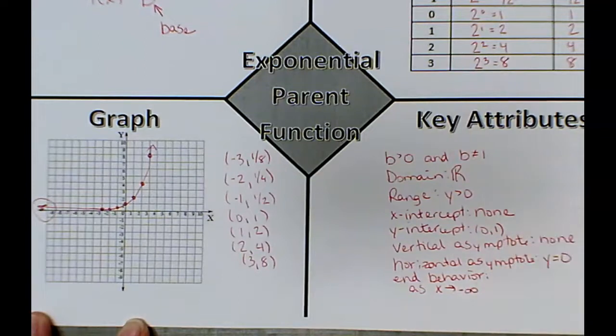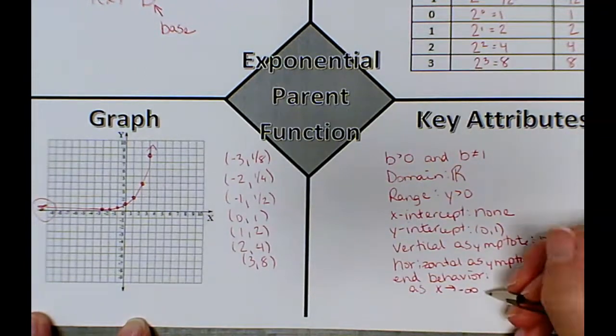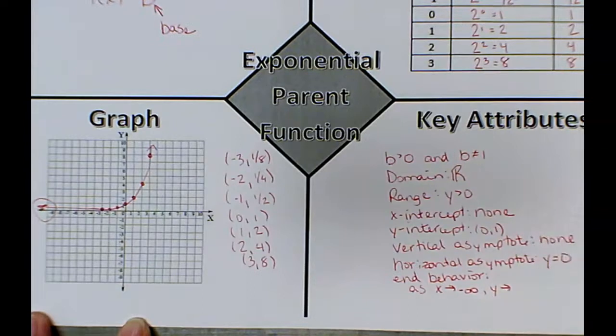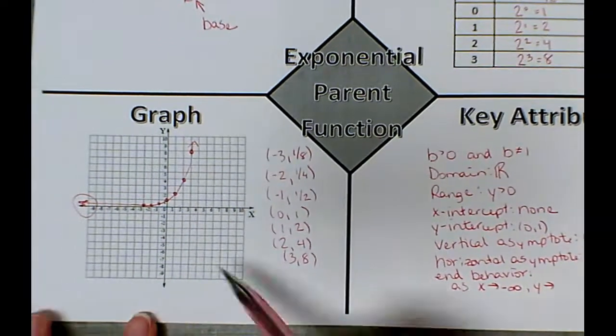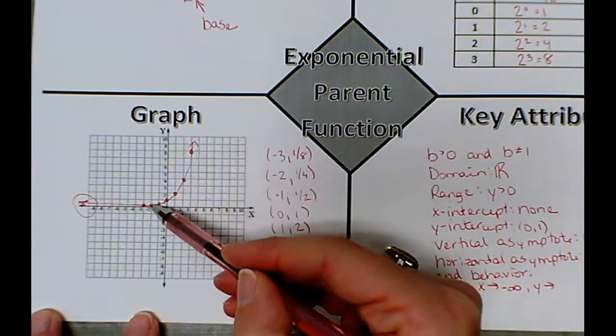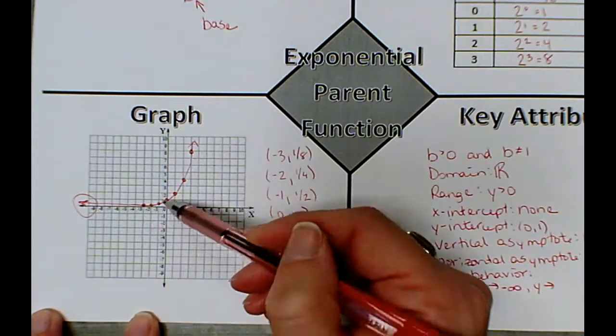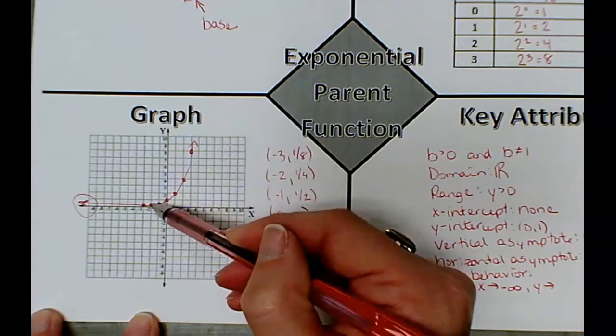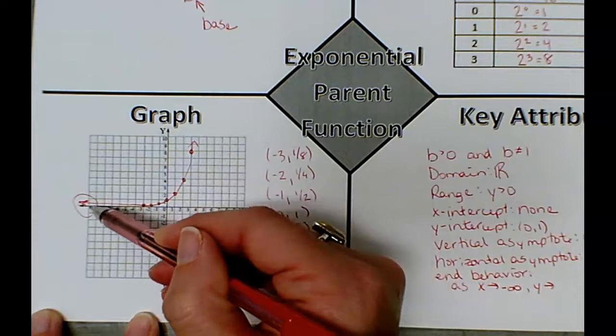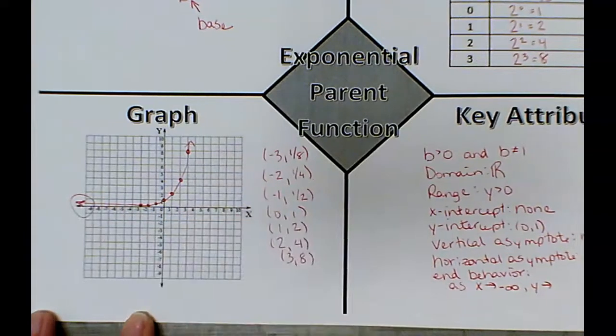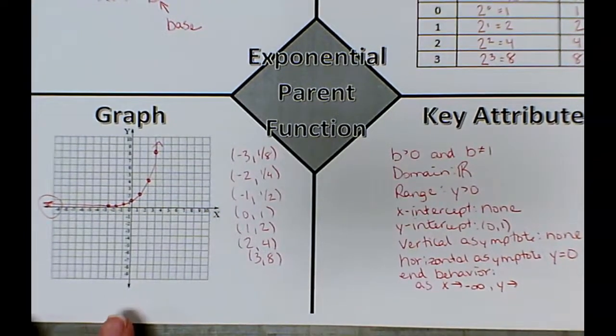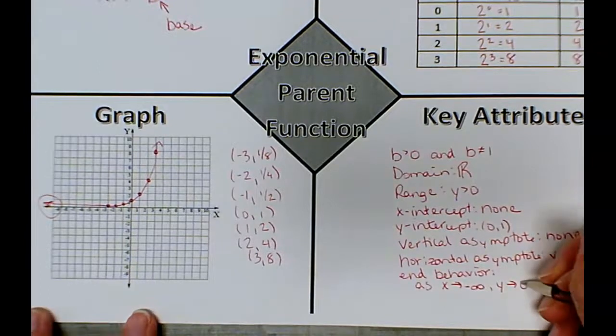So as x goes to negative infinity, y goes to what? Well, what's happening? The graph is coming down, it's going to the left, and it's never stopping, but what's it getting close to? What y value is it getting close to? It's getting close to 0, right? It's getting close to that asymptote. So as x goes to negative infinity, y goes to 0.